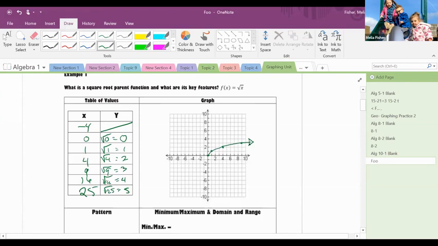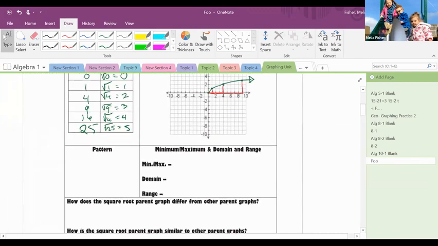Okay, now this is a little bit different than when we do squared or when we do the absolute value, because we're not going in both directions. We're just only going in one direction for this. Notice our pattern is going out 1, up 1, and then out 4, up 2, and out 9, up 3.